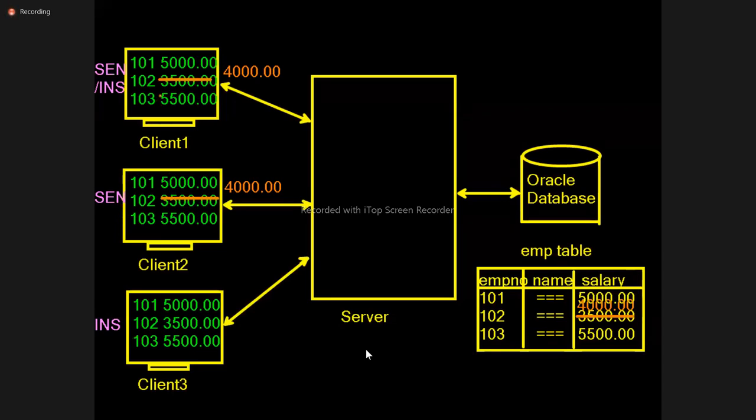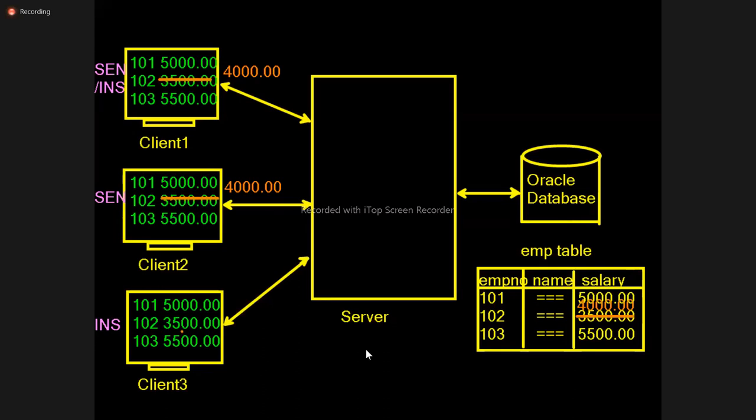So client 1 updated the database, and that effect is immediately shown in client 2 because that is a sensitive result set. It will not be shown in client 3 because that is an insensitive result set. Sensitive places are immediately affected, but in insensitive places that information is not updated.